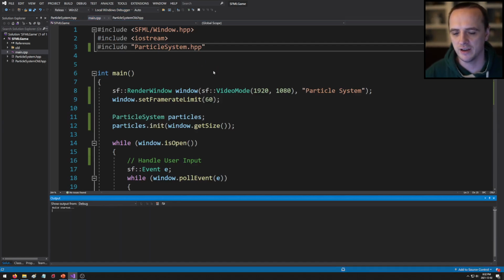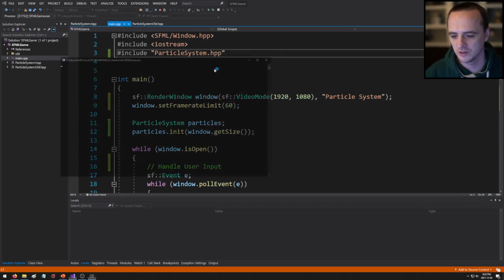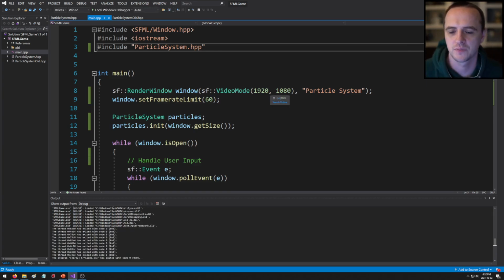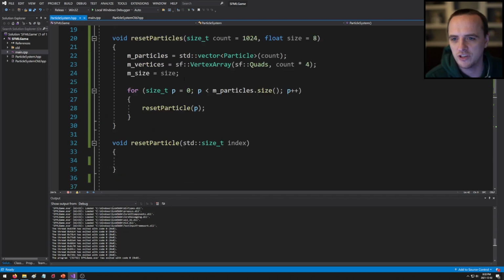So here's the new particle system, and essentially nothing is happening. We've got a completely blank slate. This particle system is not yet doing anything, and we're going to implement what I just showed, the explodey type particle system.